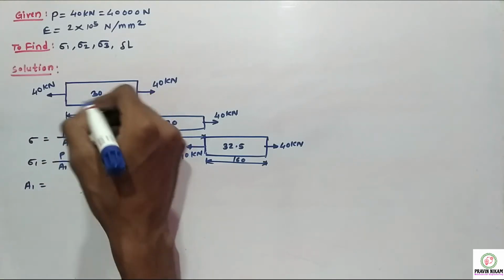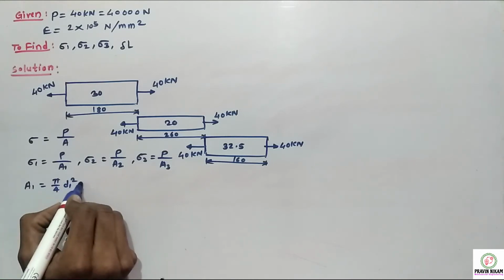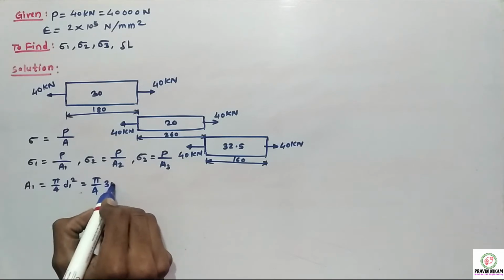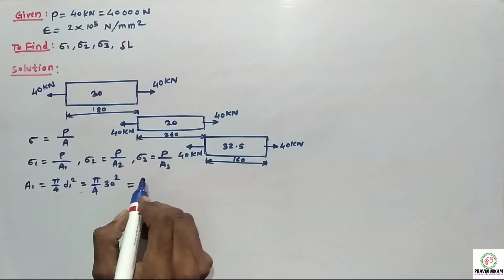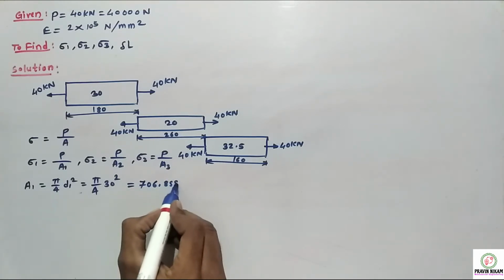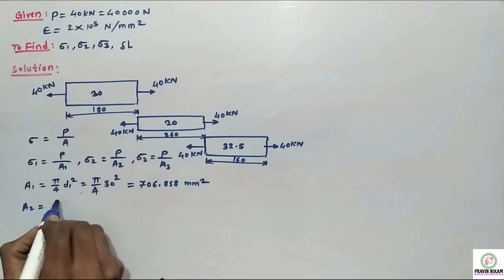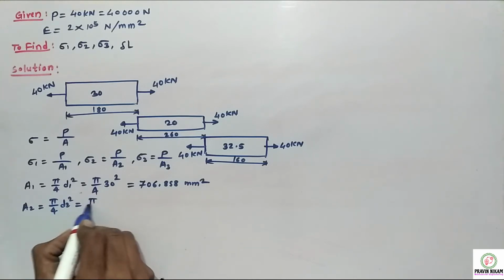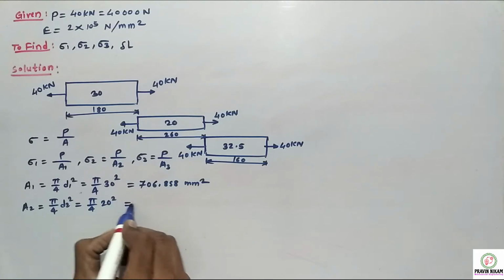So what is A1? The rod is circular, so pi by 4 D1 square. D1 is 30. So pi by 4 into 30 square becomes 706.858 mm square. What is A2? A2 is pi by 4 D2 square, that is equal to pi by 4 into 20 square.